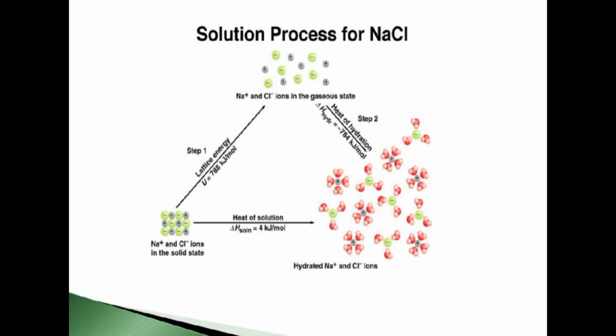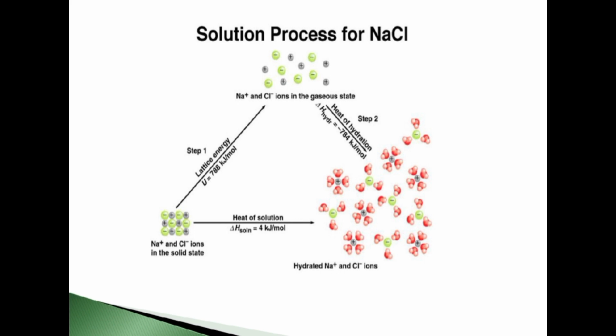You can also visualize the solution process for NaCl, which is shown in steps 1 and 2. In step 1 you can observe the lattice energy, the energy required for the separation of the ionic substance, and step 2 is the hydration, or hydration layer formation around the ionic species.